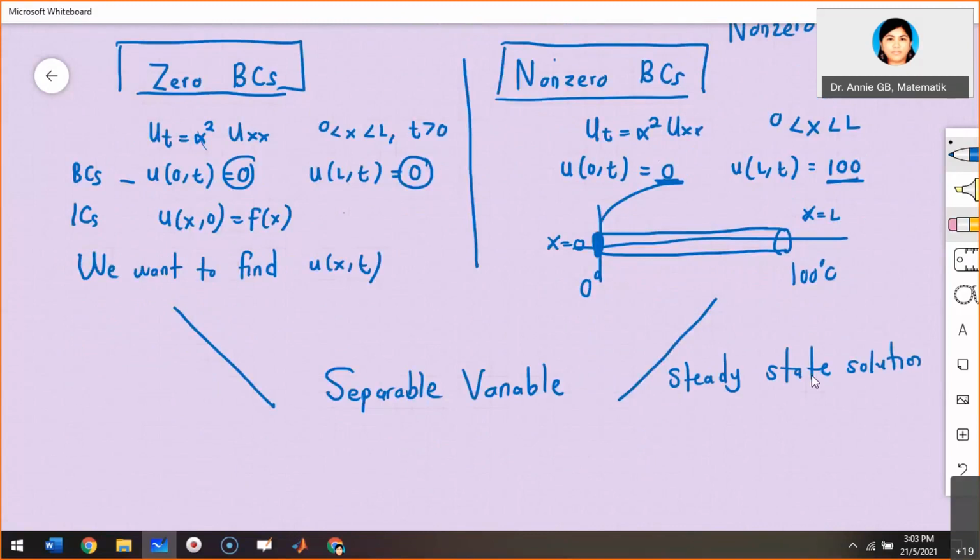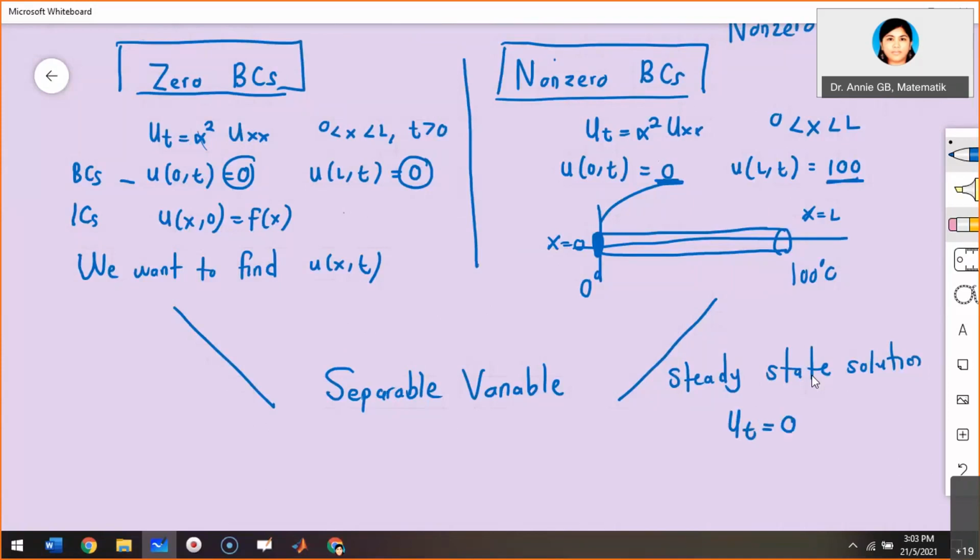So there's some transformation that you need to do. Steady state solution ni happen kalau ut sama dengan kosong. So kita akan tukar kita punya non-zero ni kepada zero boundary condition. Melalui cara steady state ni, baru you boleh solve.